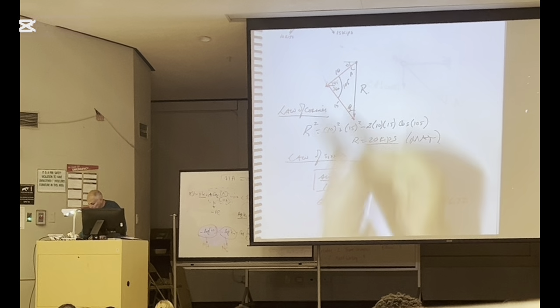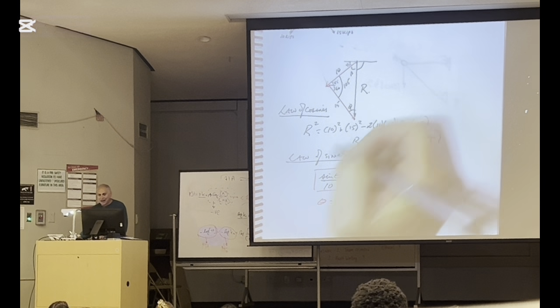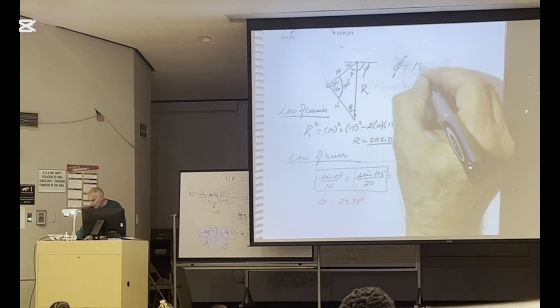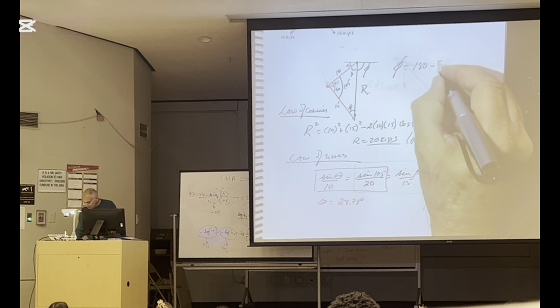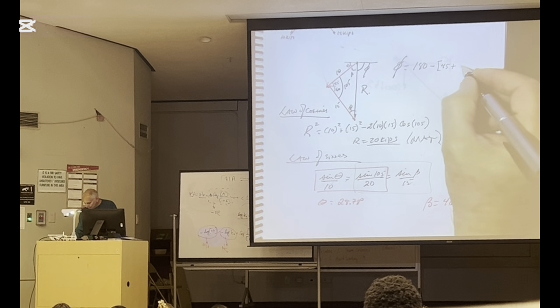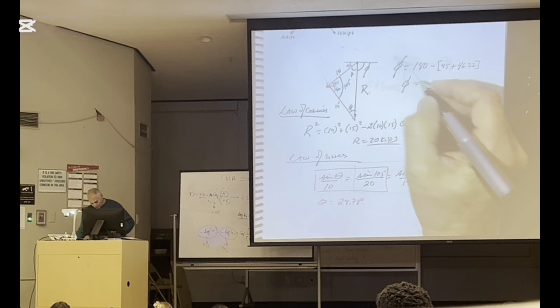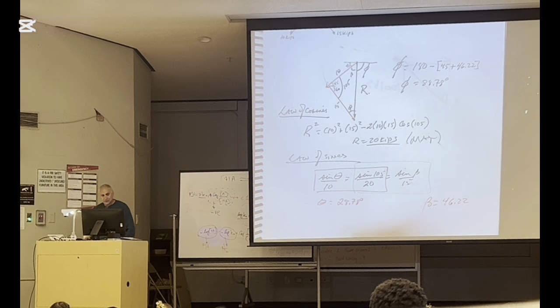If I want to do it relative to a horizontal, I need that angle. I'm going to call that phi. How do I get phi? It's 180, because the line is 180 degrees, minus 45 plus beta, 46.22. Phi therefore is equal to 88.78 degrees.